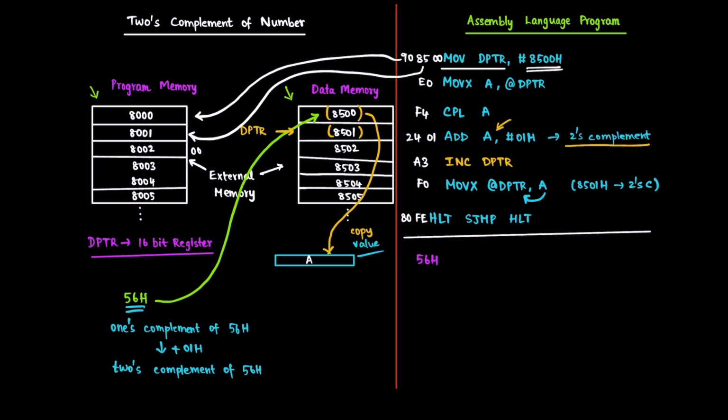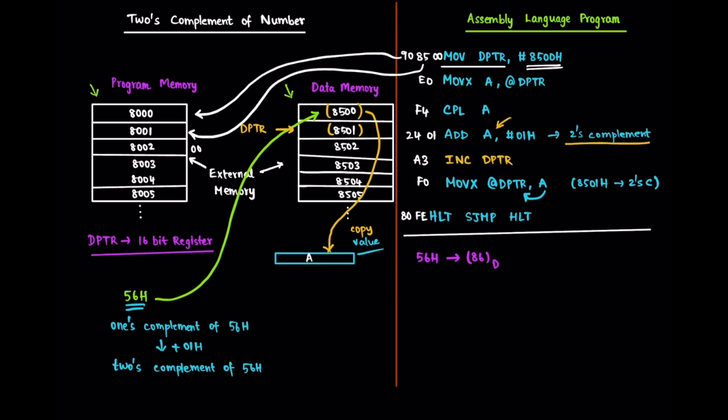Take 56H and convert it into its decimal equivalent, which is 86. And once you have the decimal equivalent, convert it into its binary equivalent. When we convert the decimal 86 into binary, we get 0101 0110. This is the binary equivalent.